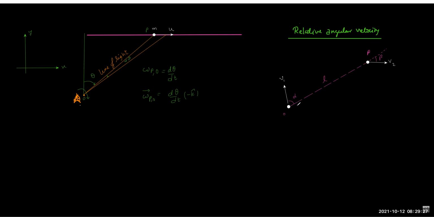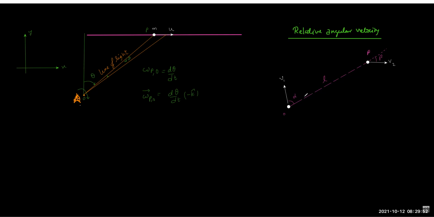Now because O is the observer, as we discussed, what will be the velocity of O with respect to O? The answer is 0.